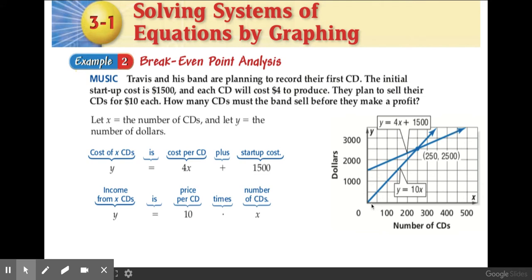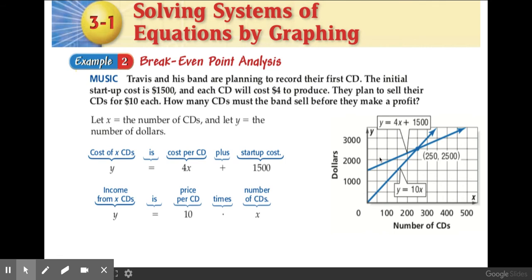And as you can see, again, their income steadily grows, but their cost starts higher, but doesn't grow as fast, right? So here is their cost. So their costs go up with the more CDs they make, but their income also increases with the more CDs they make.